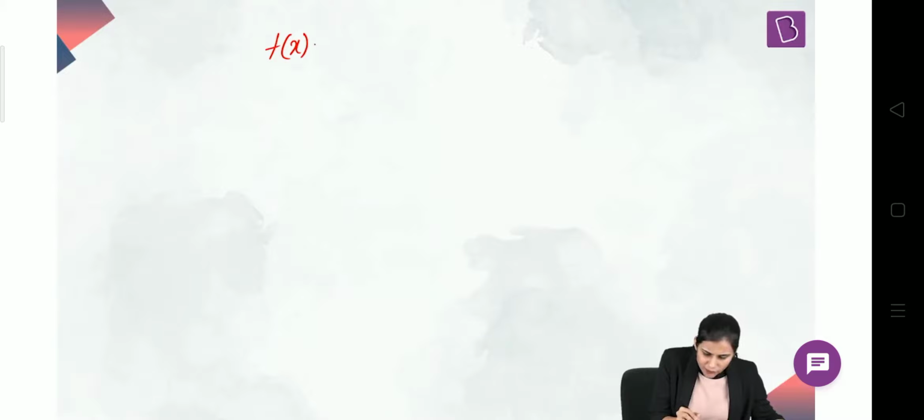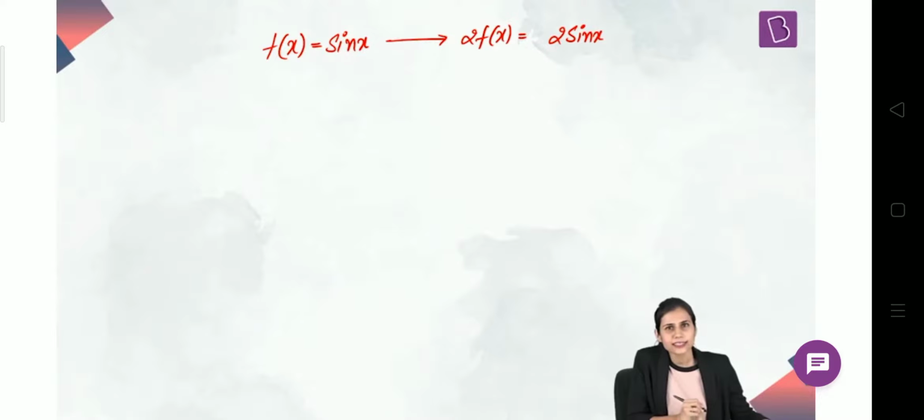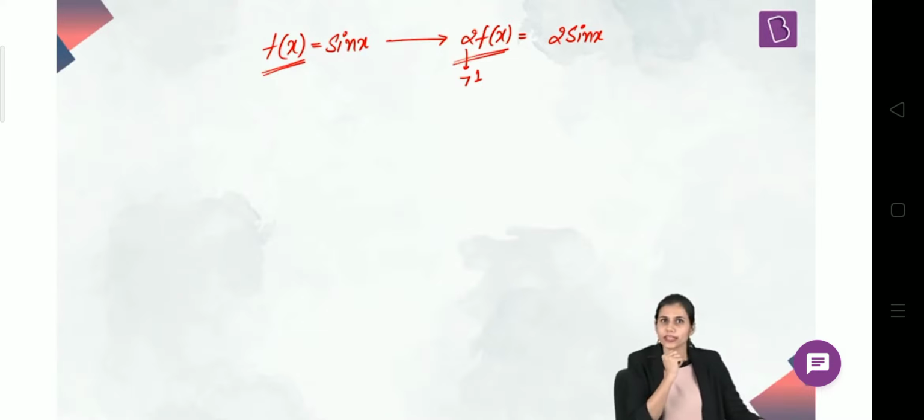Well, you would definitely agree that if I take f of x equal to sine x, then 2 sine x is nothing but twice of f of x. Yes, I know the graph of f of x, but I want to sketch the graph of twice of f of x, where 2 is obviously a constant greater than 1.